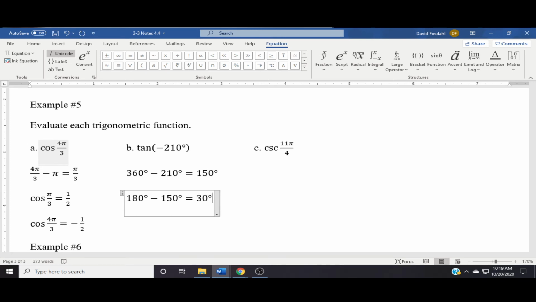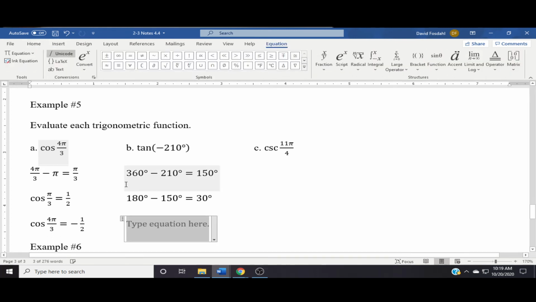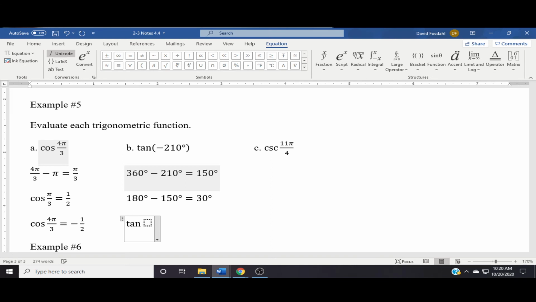Okay, and then is tangent positive or negative at that point? Tangent of 30 degrees is equal to root 3 divided by 3.